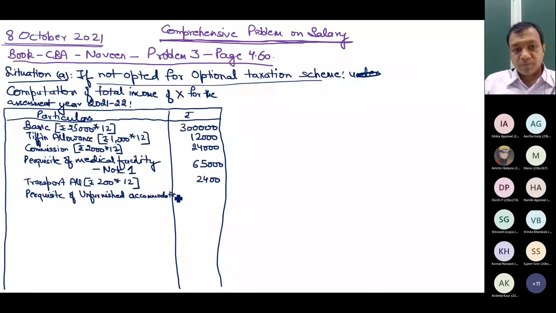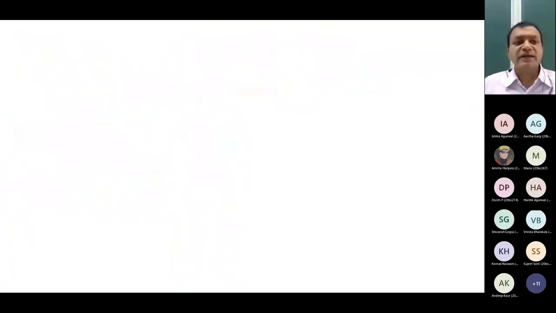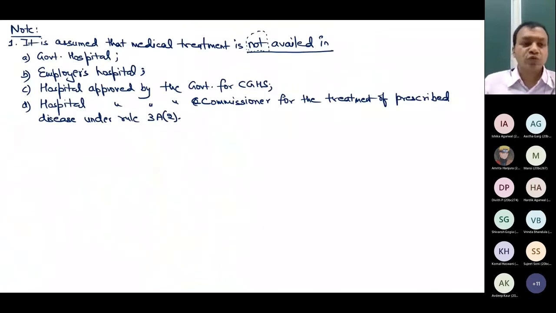So note 2. In the fair note, I should avoid writing so many things. It doesn't look good. So note 2. Calculation of value of perquisite of unfurnished accommodation.